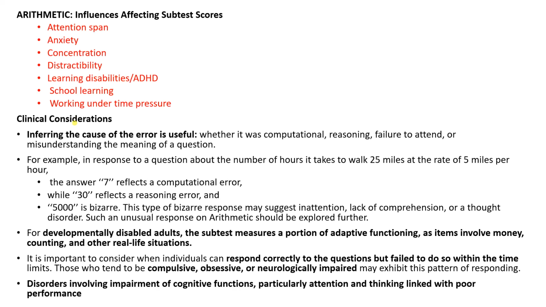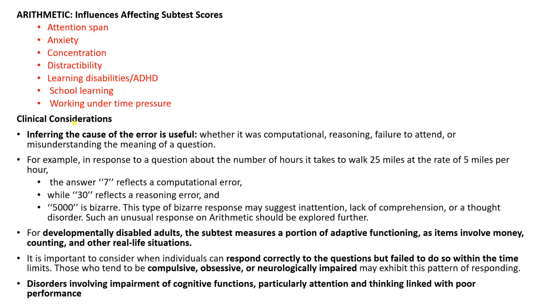While if one is saying 30, then rather than making a division, he has made some reasoning error and he has multiplied some constant and arrived at the answer 30.